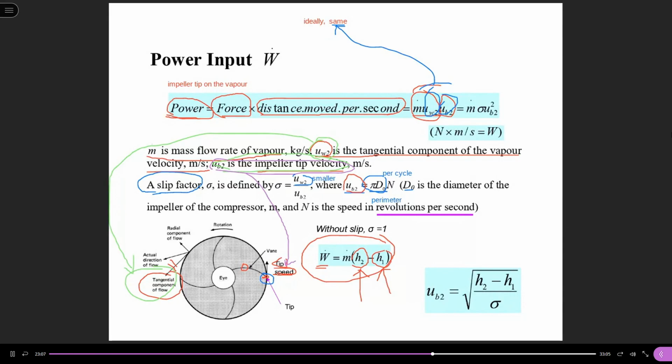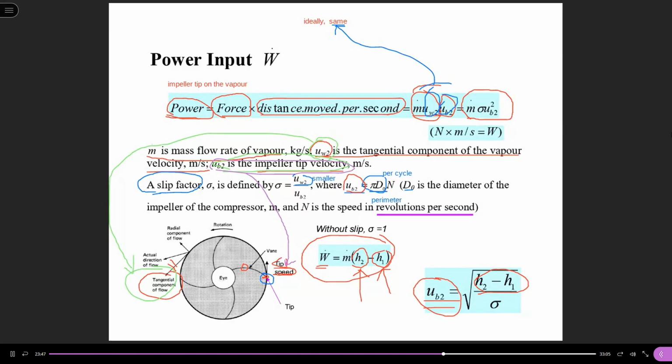Therefore, we can replace the equation by using only the tangential component of the vapor velocity: the mass flow rate times the slip factor times the square of the tangential component of the vapor velocity. Okay, if they are the same, we can get the relationship between the enthalpy difference and the tangential component of the vapor velocity. Later, through the tutorial, you will understand why we have this.